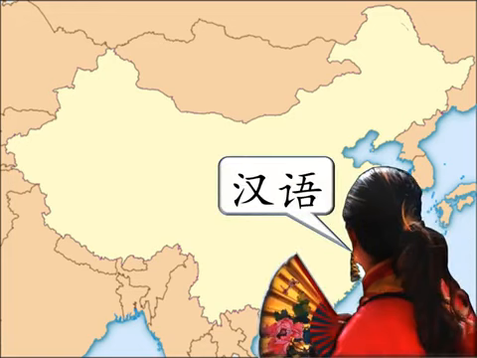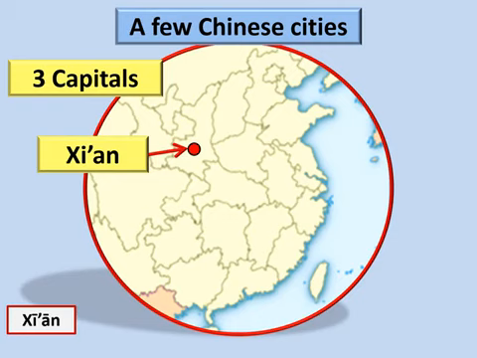As we begin, let's pause for a few minutes and consider the names of a few well-known Chinese cities. Let's look at 3 capital cities, past and present. 西安 became the capital of China a few centuries before the Common Era, under the first emperor of China.